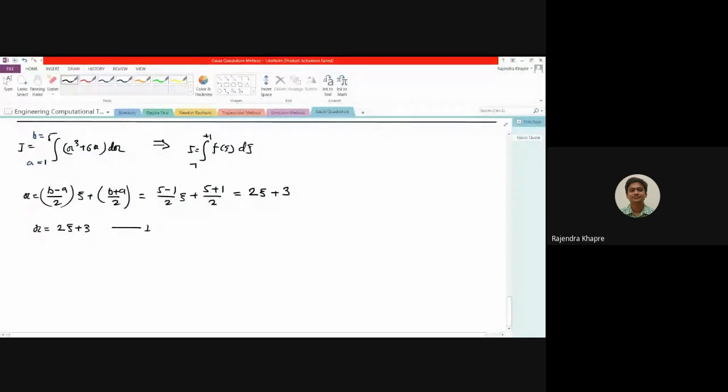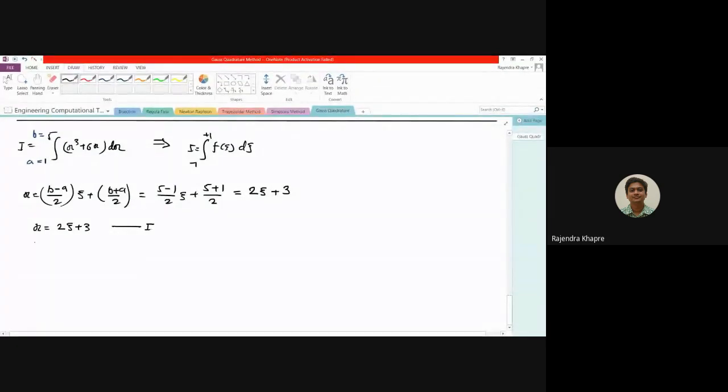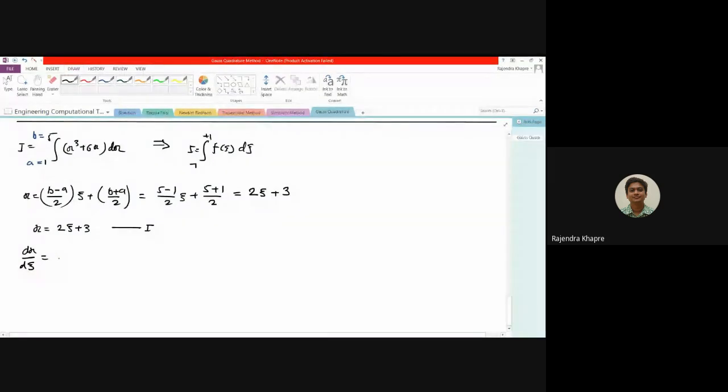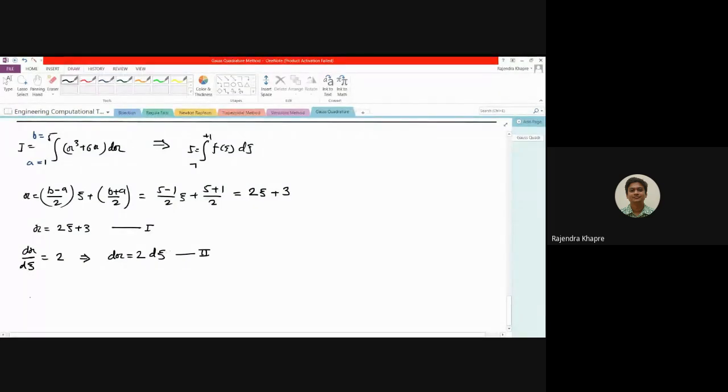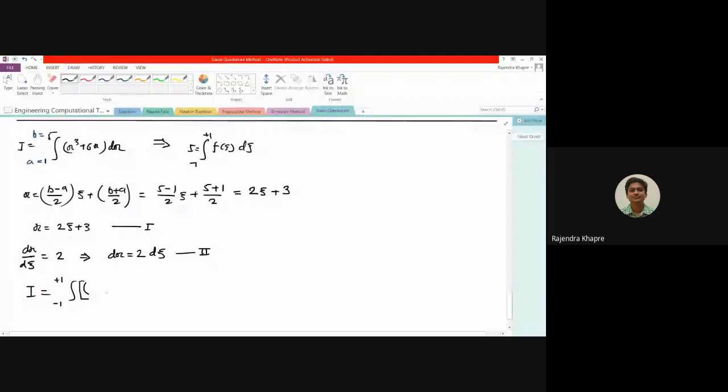This will be your expression number 1. Then we will also need dx by d xi, so we take the first derivative of the above equation. This gives you only 2. As a result, you can rewrite dx as 2 times d xi. This will be your expression number 2. So things are now simple. Now if you want to rewrite this expression, I will become integral from -1 to +1, and in place of x, all we have to do is replace x with expression 1.